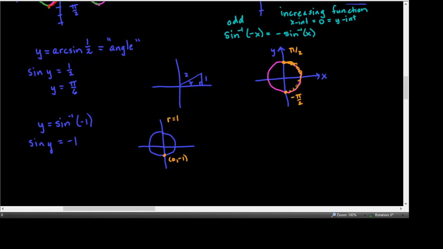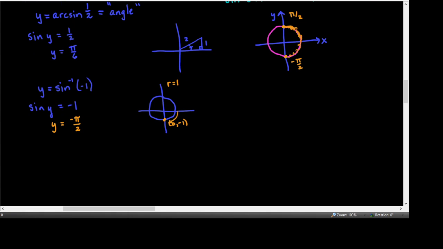I know you're tempted to say 3 pi over 2, but that's not an acceptable answer for sine inverse. The answer is actually -pi over 2. So you have to train yourself to think I can only have answers between -pi over 2 and pi over 2 for any of these inverse sine questions.